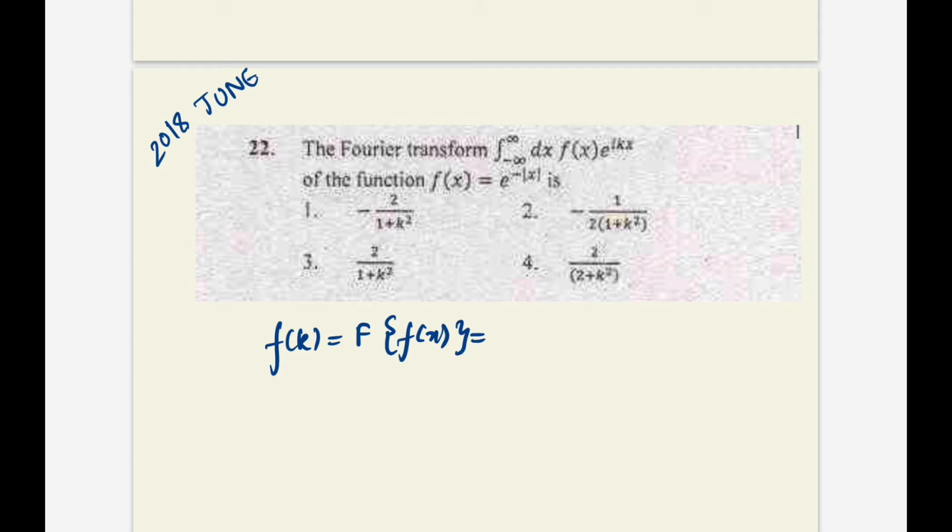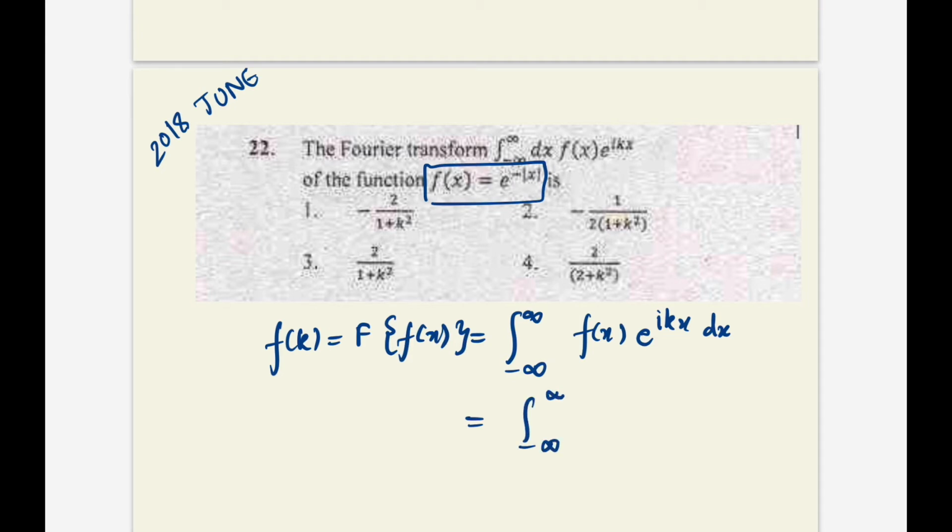Okay, so this comes out to be integral from minus infinity to infinity f of x e to the power ikx dx. Now here f of x is given to be e to the power minus modulus of x. This becomes integral from minus infinity to infinity, limits are the same, e to the power minus modulus x e to the power ikx dx.